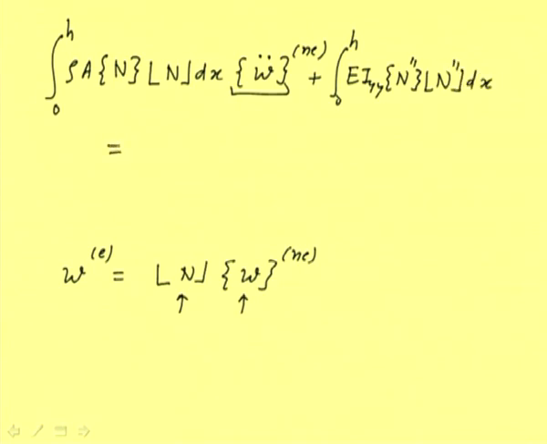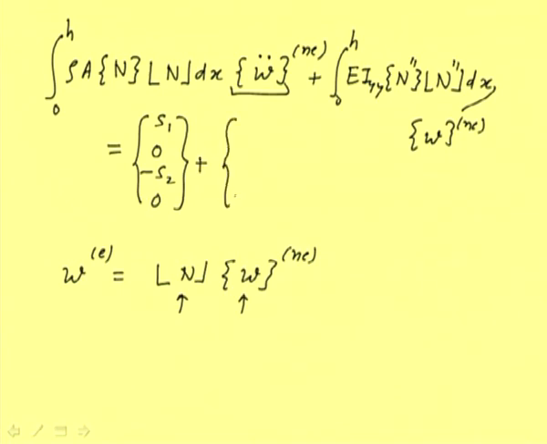This is equal to, and here we have w and e. So earlier expressions, after substituting the values of N1 and N2 and other terms for x is equal to h and x is equal to 0, will take this simple form.